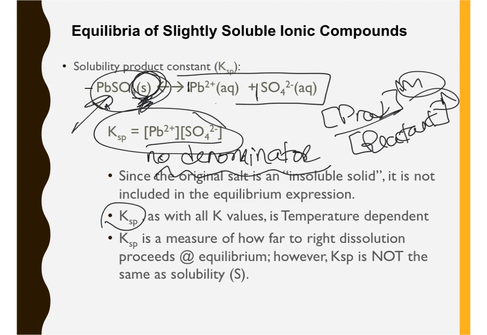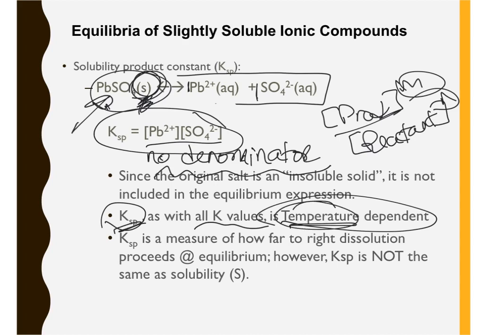So the rest of the properties of any equilibrium are the same. Just like all equilibrium constant values, the only thing that changes the value of an equilibrium constant is temperature. I'm going to say that again. That's really important. The only thing that will change the value of an equilibrium constant is temperature.